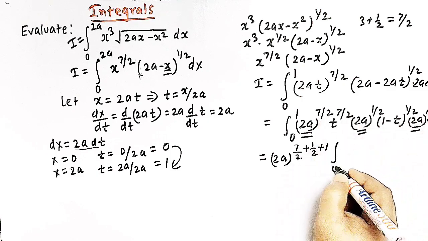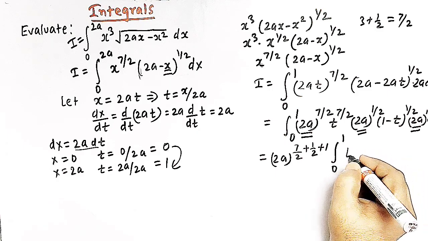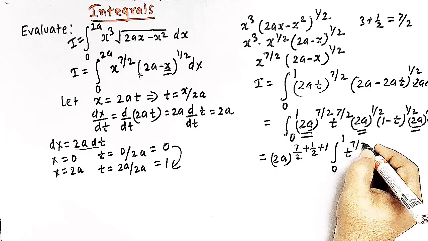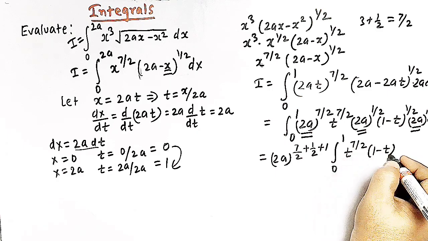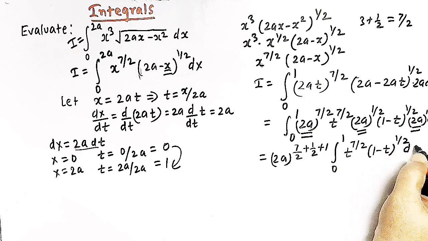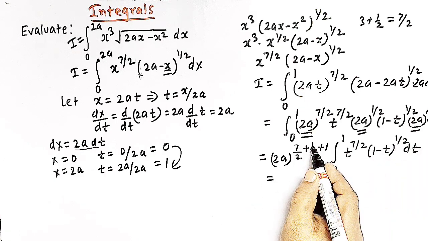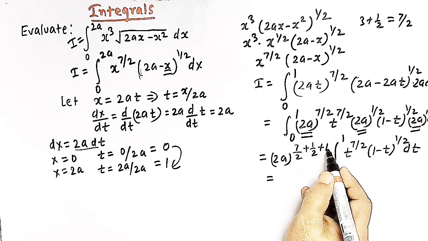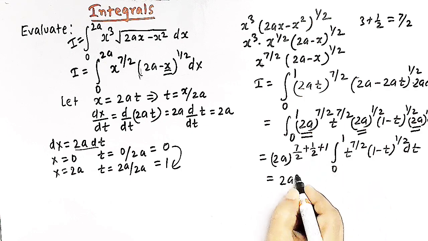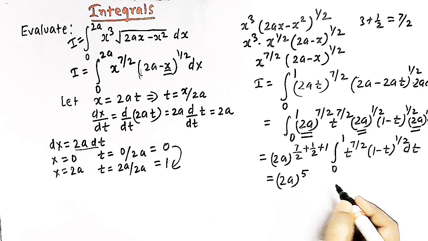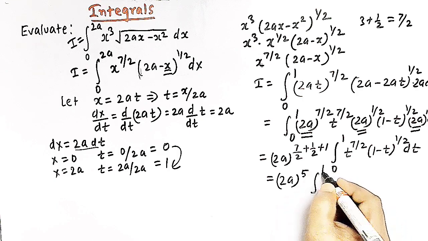And here we have 0 to 1 and t raised to 7 over 2 and 1 minus t raised to half, and here we have dt. So now this is 7 plus 1, 8. 8 over 2 is 4. 4 plus 1 is 5. So we have 2a raised to 5. And here we have 0 to 1.